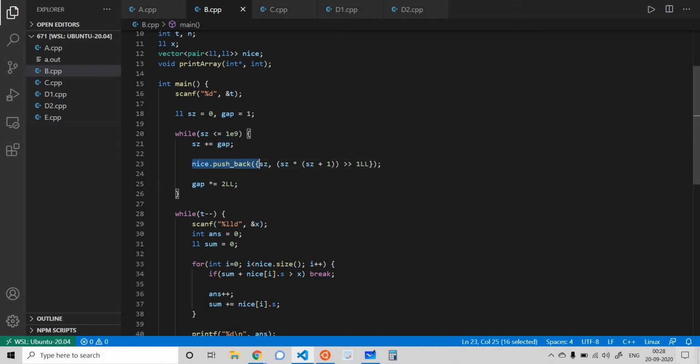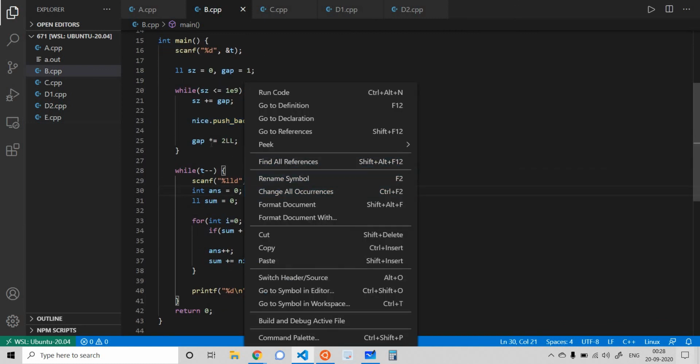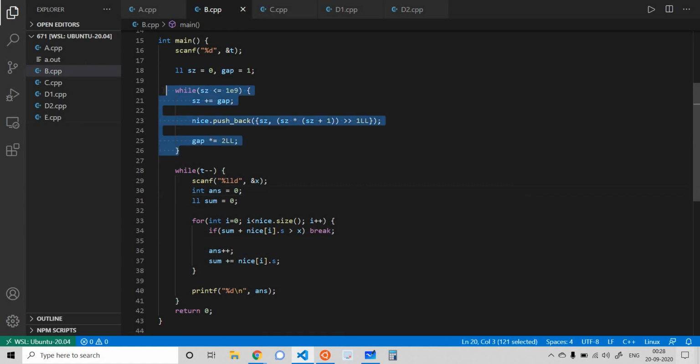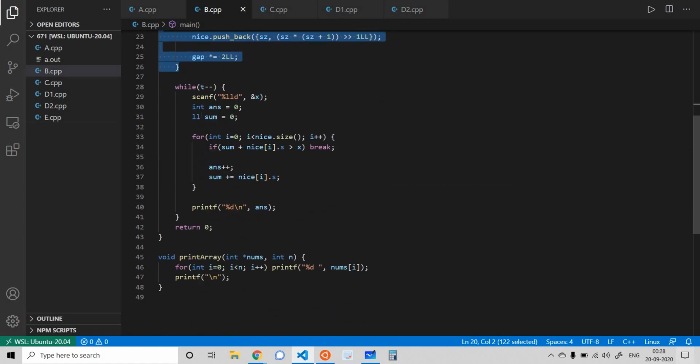So now I have constructed my nice array. This is a pre-calculation. I'm not doing it for all the test cases. Then for the test cases, I'm maintaining the answer, which is the number of nice staircases I can build. Sum represents the number of cells which I've used till this point. Now I traverse my nice array.